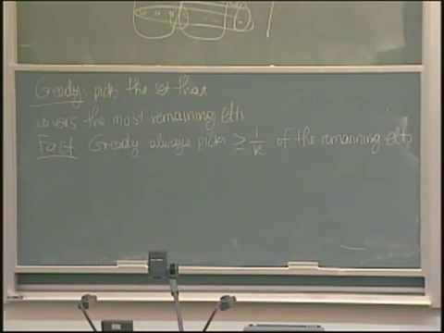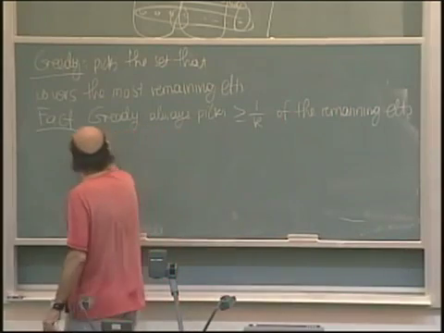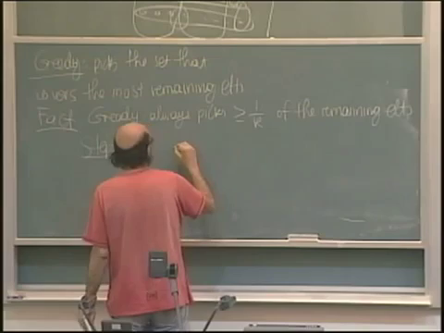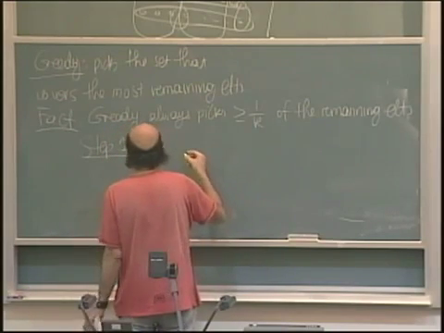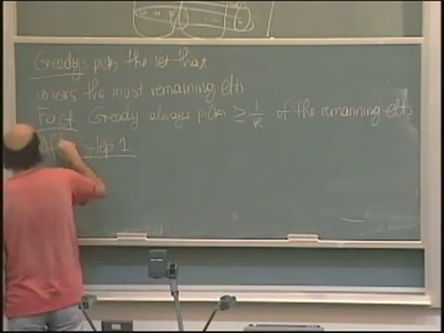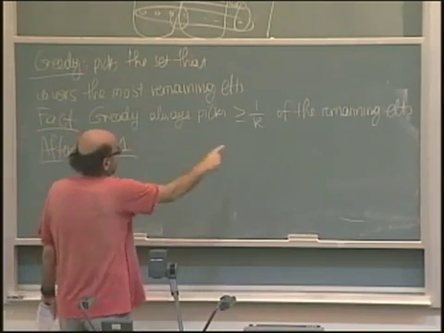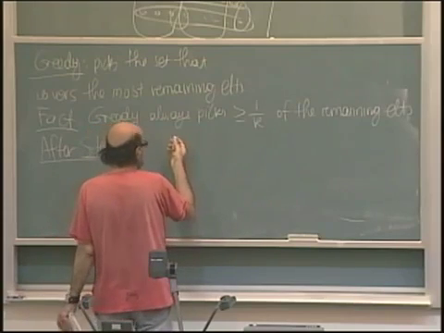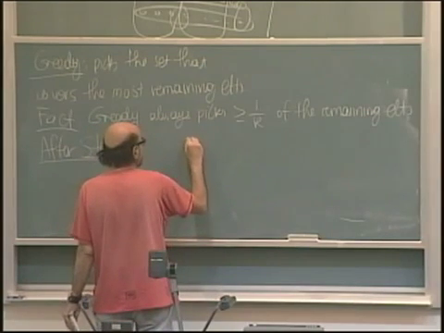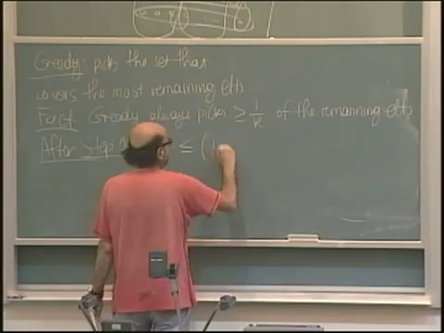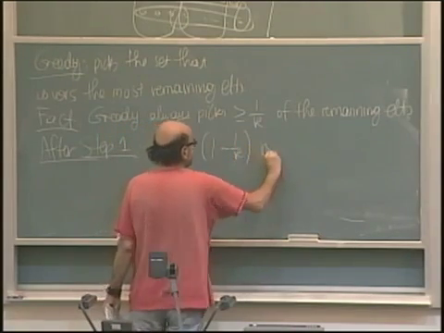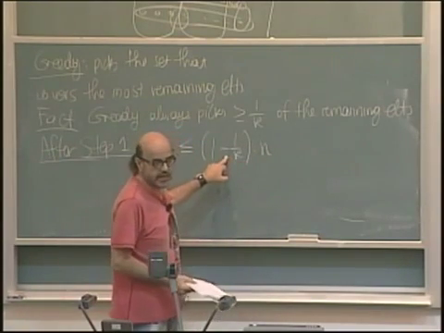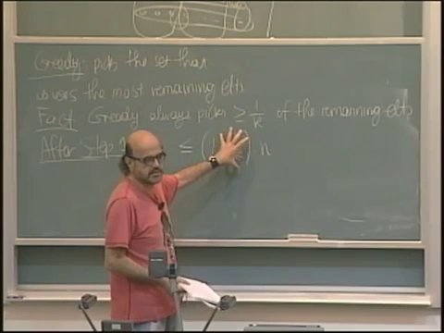So let's see, step 1. After step 1, since the greedy always picks at least 1 over k of the elements, we'll prove why. After step 1, how many elements remain? Fewer than (1 minus 1 over k) times n. And we had initially n. We threw out 1 over k of them. So this is how much remains.